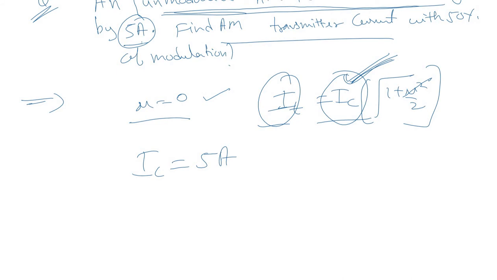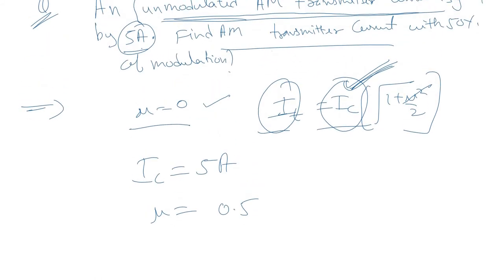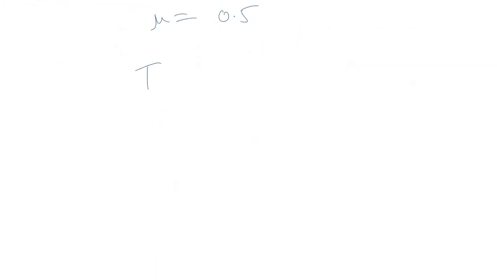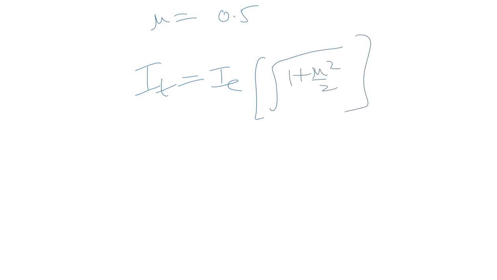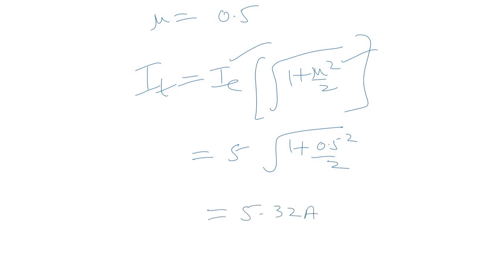So the modulation index given to us is 50% or 0.5, and we need to find the transmitter current, that is IT, which is nothing but IC into square root of 1 plus mu square by 2. We know IC, that is 5 ampere. Mu is also given to us, so we can substitute the values: 5 into square root of 1 plus 0.5 square by 2. If you simplify it, we get the result as 5.32 amperes.